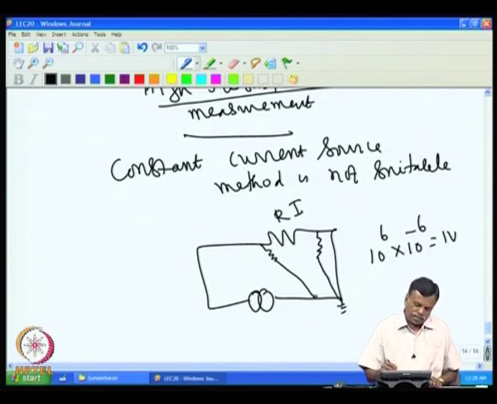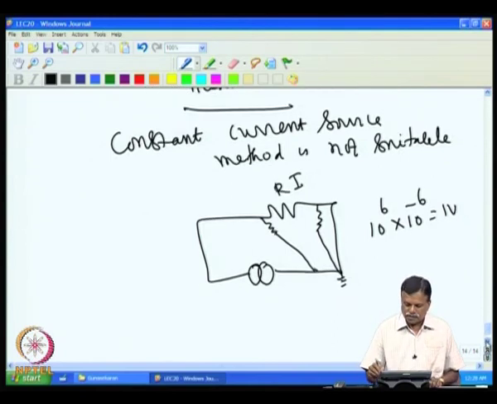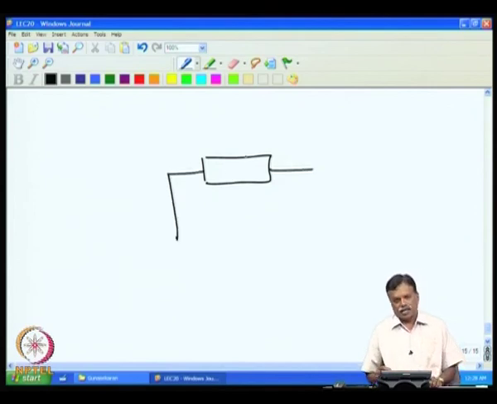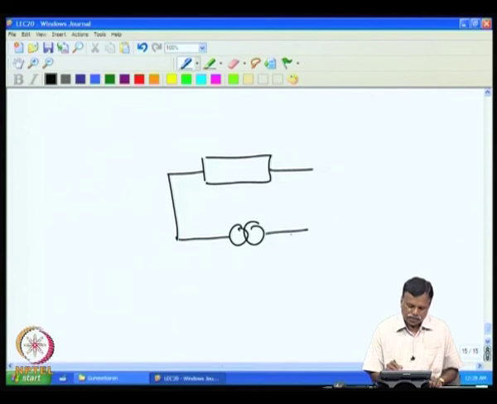For example, if you are trying to measure a voltage across one resistance like this, assume this is a very high resistance, then I put a constant current source. The constant current source consists of a circuit which you will see now, that is one end is ground, assume that is this end, and then I connected this. So, we are trying to measure the voltage across this to get the value of this.